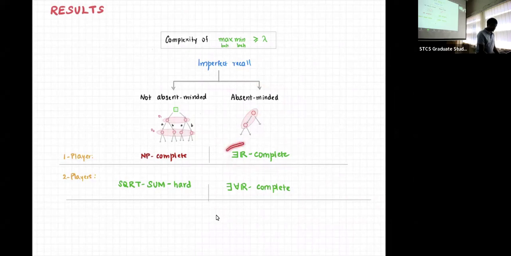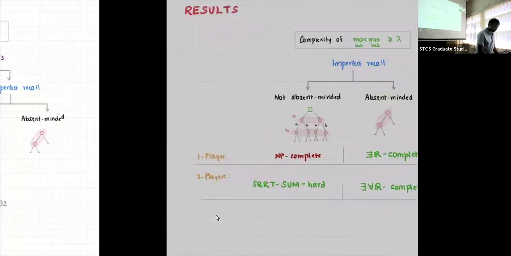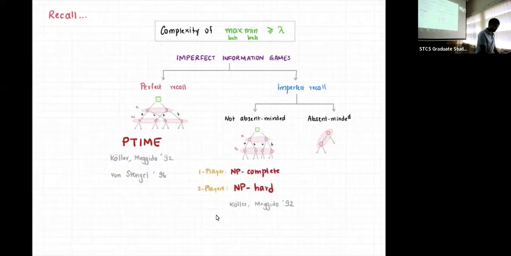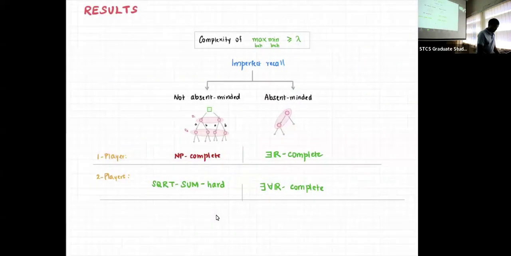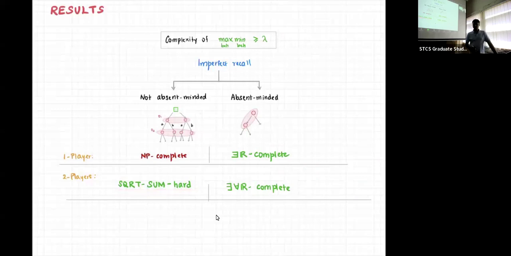In the one-player case, it is there exists R complete, and in the two-player case, it is there exists for all R complete. In addition, when you are not absent-minded, when your information sets do not cut across yourself, it was known to be NP-hard before. We additionally showed it is square root sum hard.